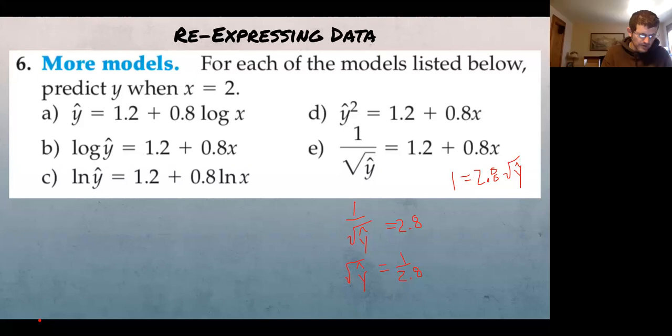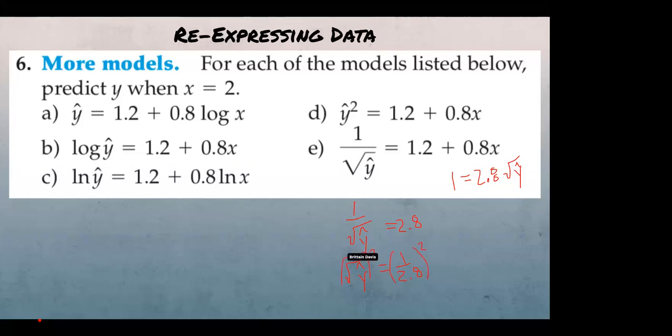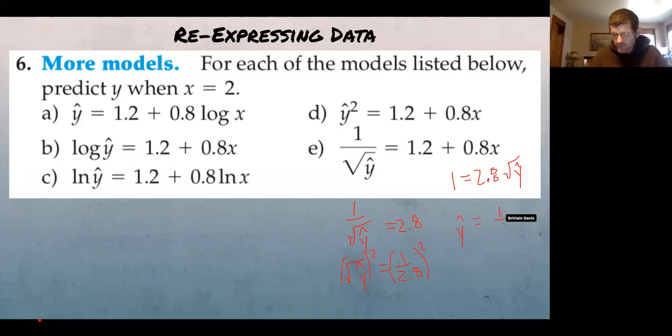There we go. Let's square both sides of this. And now I get y hat equals 1 over 7.84. There's the answer.